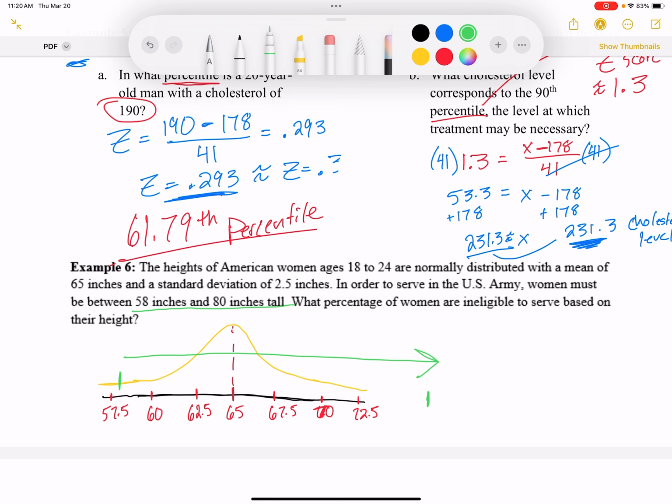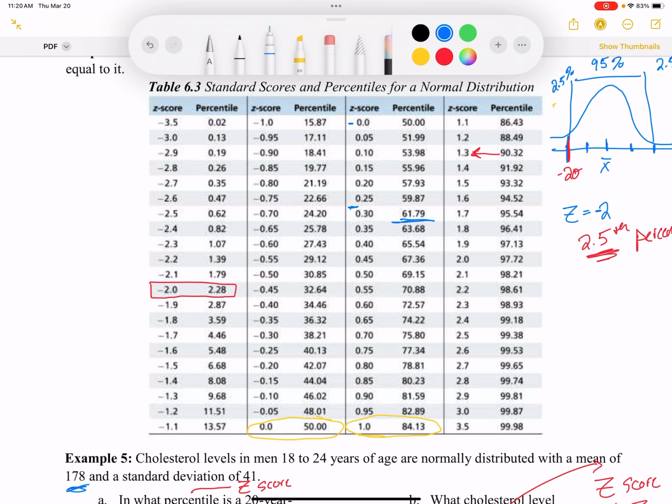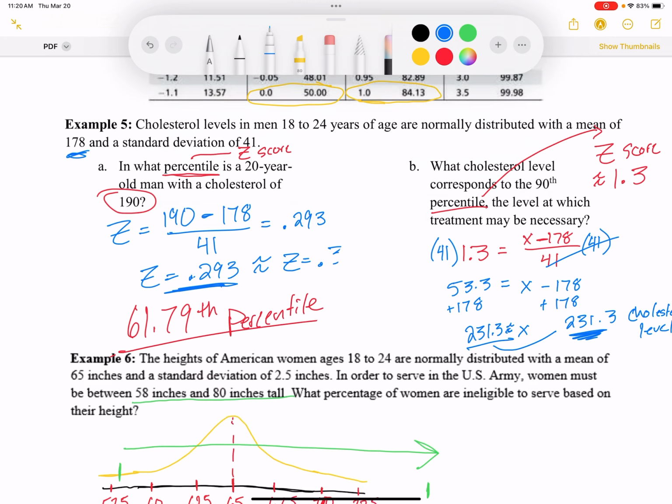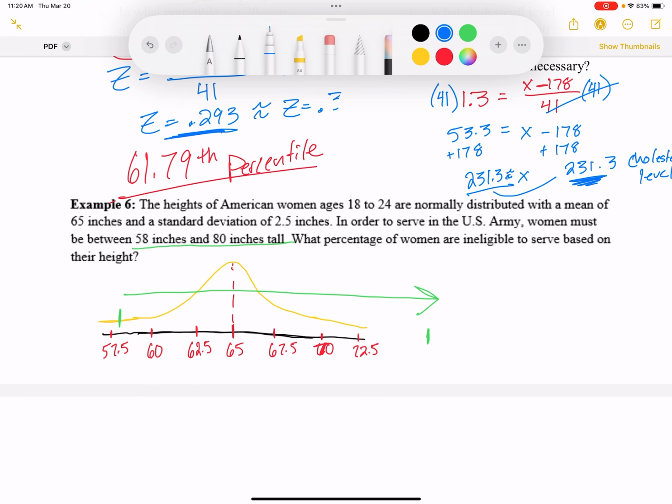Well, let's think about this real quick. I would go back to the empirical rule. Empirical rule is like the bread and butter of this. That's what you should first start with. And then if that doesn't help you, you can go into your z-scores.